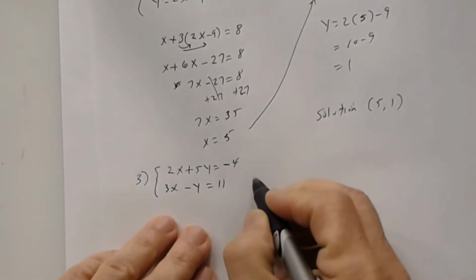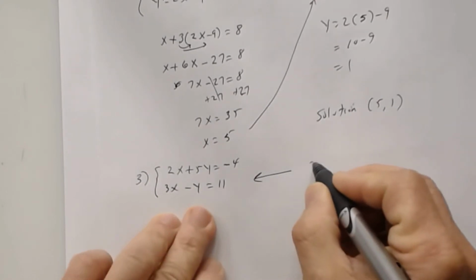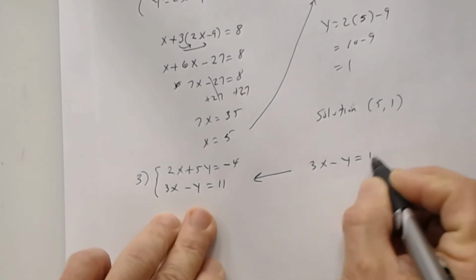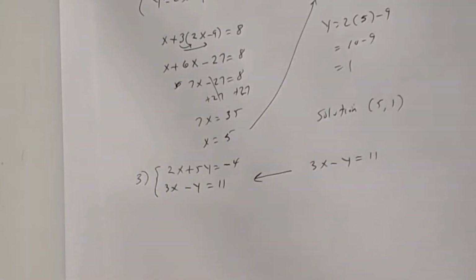So let's go to the second one now. I'm going to rewrite this equation so I get y by itself. Now, it's up to you how you get y by itself. You can bring the y to one side first or whatever you do, but make sure mathematically it's correct. So how do you want to get y by itself? Move the negative y to the other side? Okay, I can do that.